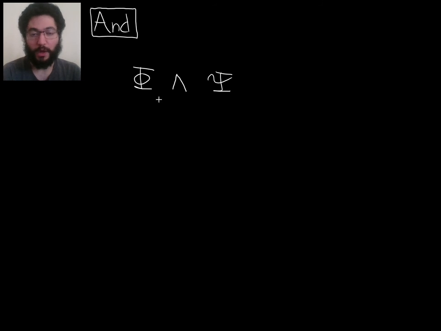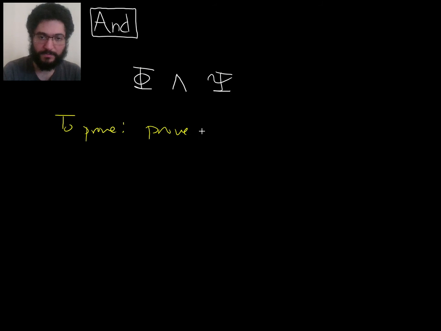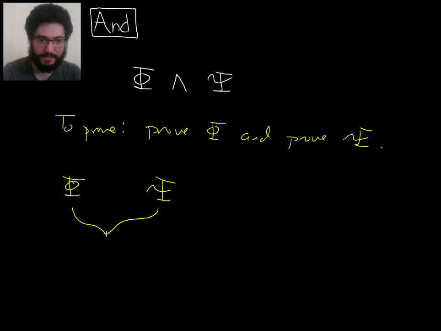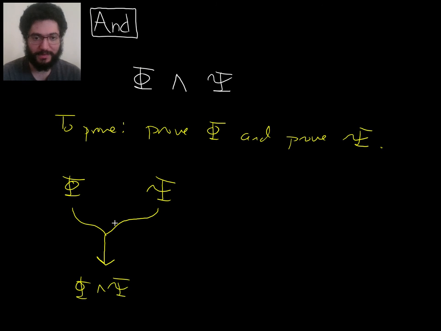To prove this, what I have to do is prove phi and prove psi. So if you have phi and you have psi, then together you can deduce phi and psi. This is maybe a way of visualizing it. If you have both, then together you can deduce the conjunction. That's what this is called.